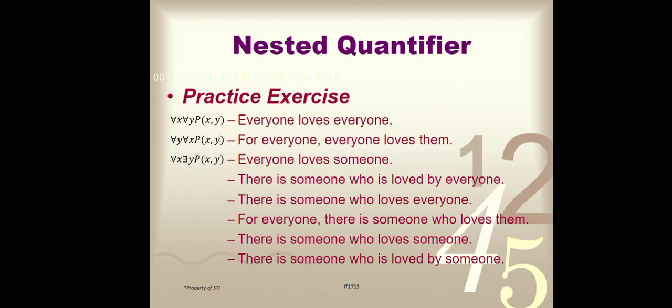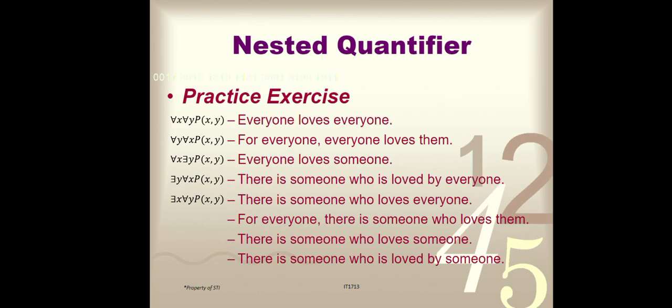And then, there is someone who is loved by everyone. That would be there exists y, for all x, P(x,y). Then, there is someone who loves everyone. That would be there exists x, for all y, P(x,y).